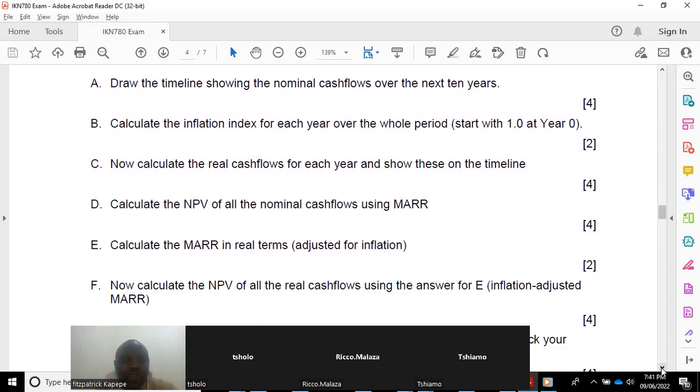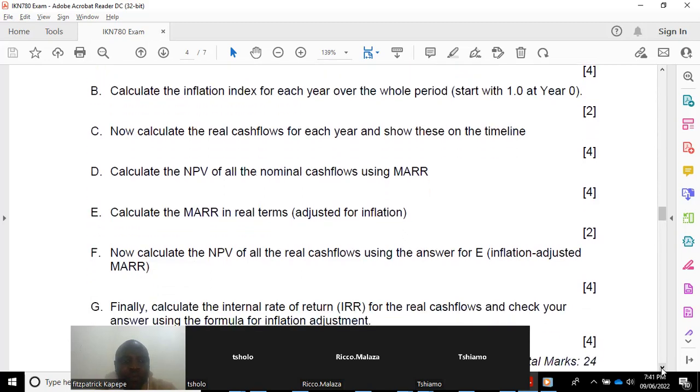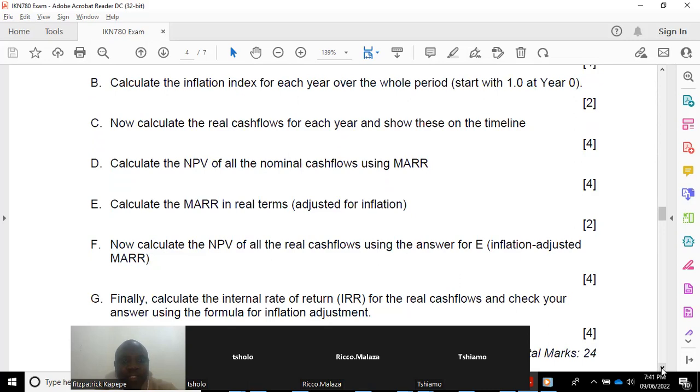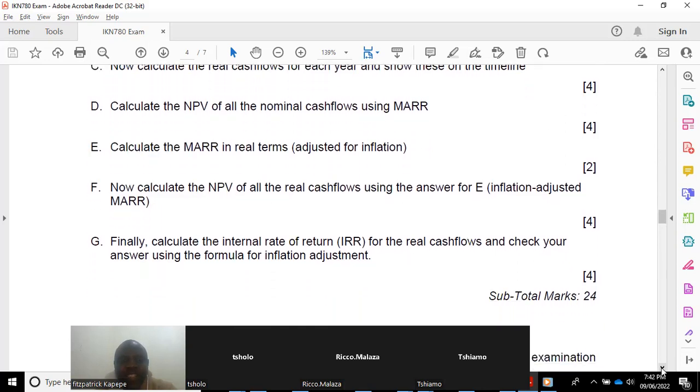Calculate the NPV of all nominal cash flows using MA. Calculate the MA in real terms and adjust it for inflation. Now calculate the NPV of all the real cash flows using the answer for E. Finally, calculate the internal rate of return for the real cash flows and check your answer using the formula for inflation.